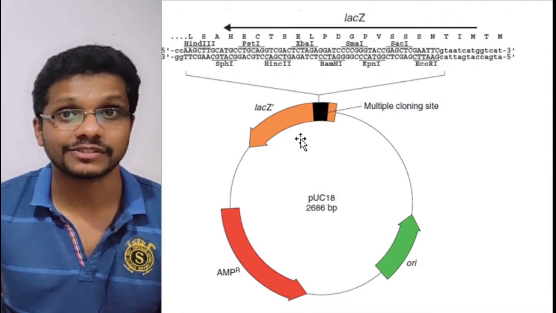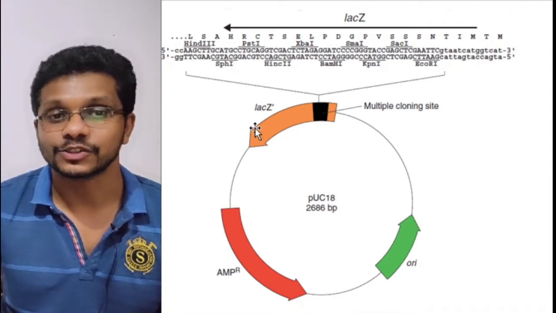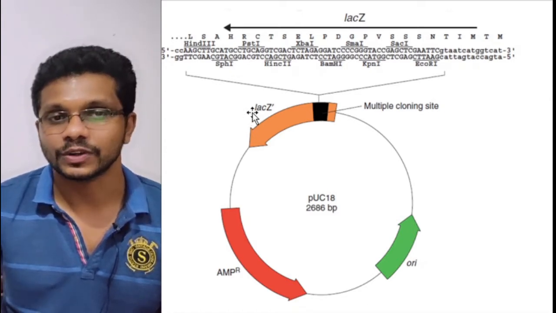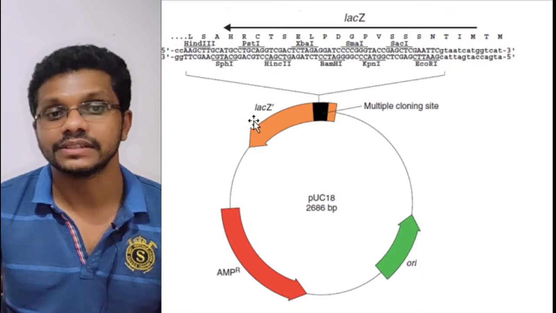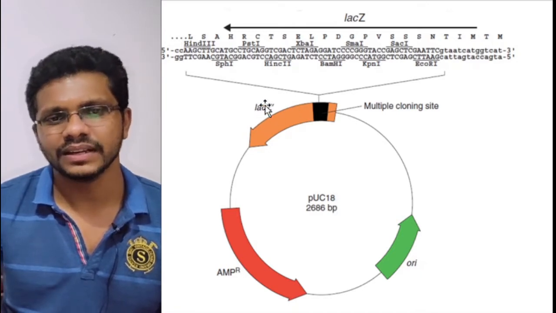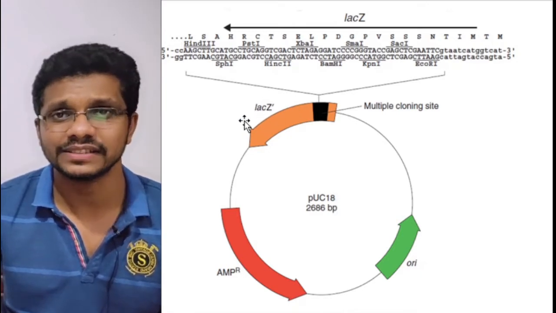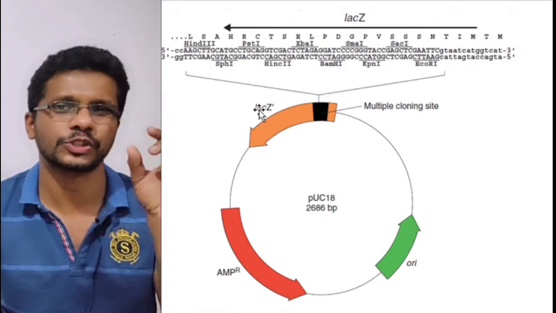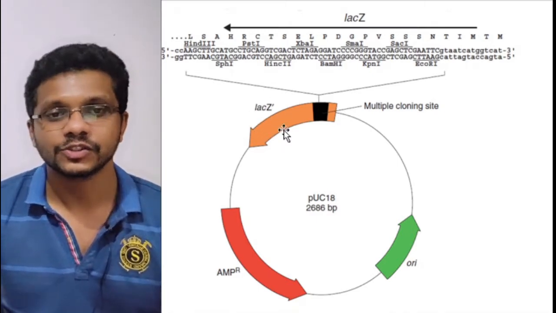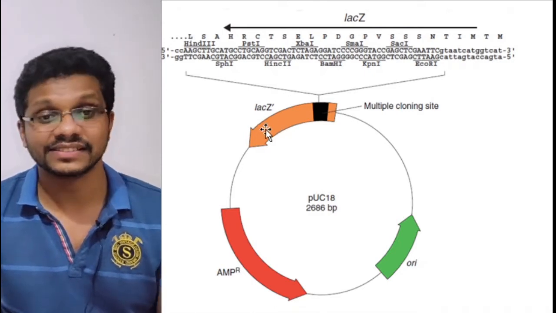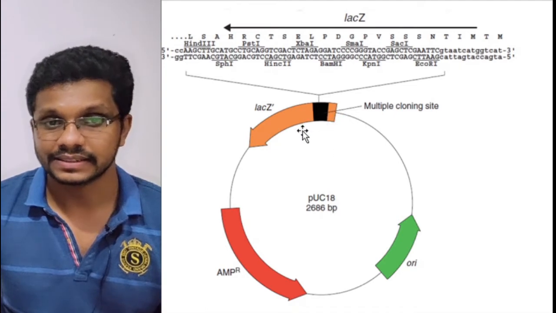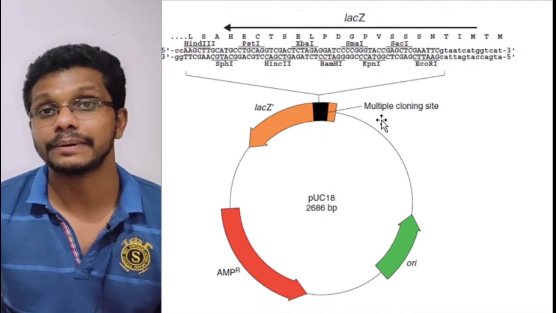You might have studied that. The lac operon has three different genes, Z, Y, and A. So here we have a modified form of Z, which is called lacZ'. The lacZ gene codes for beta-galactosidase, but this lacZ' codes for a small portion of beta-galactosidase. So instead of the tetracycline resistance gene, we have the lacZ' gene, and we have something else in this site, that is the multiple cloning site.